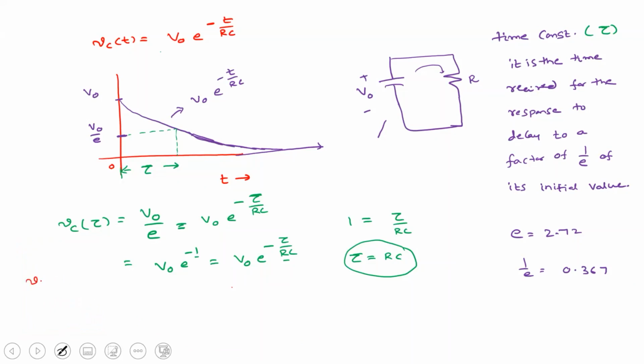We have the expression V naught of t by V naught at t equal to 0. What is this value at t equal to 0? It is 1, right? So assume that this is 1. V naught of t at t equal to 0, so that is 1 only, right?